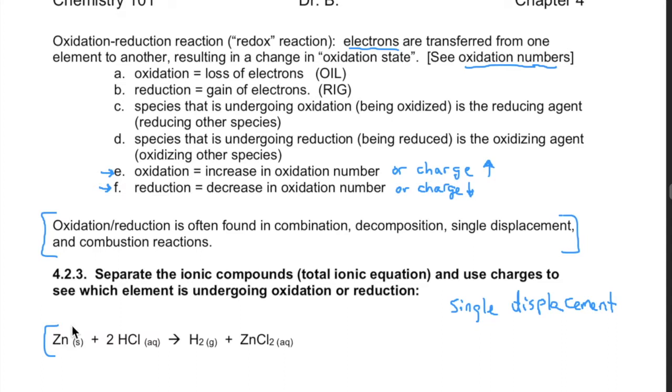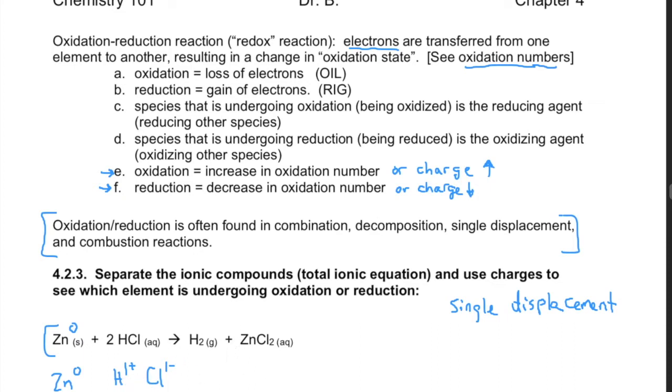This solid piece of zinc here has zero charge. So we have zinc with a zero charge over here. Hydrochloric acid dissolved in water separates, it's a strong acid, so it separates into hydrogen with a +1 charge and chloride with a -1 charge.